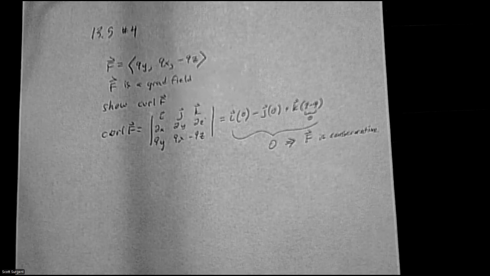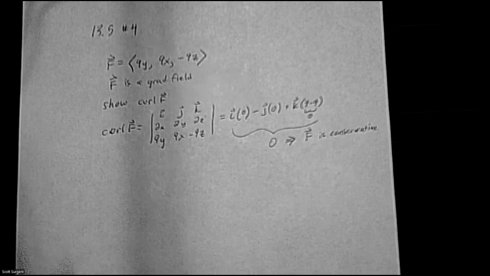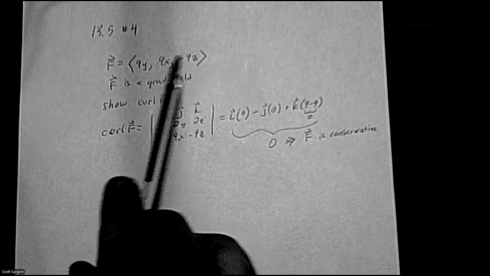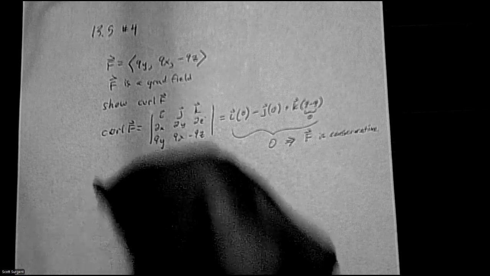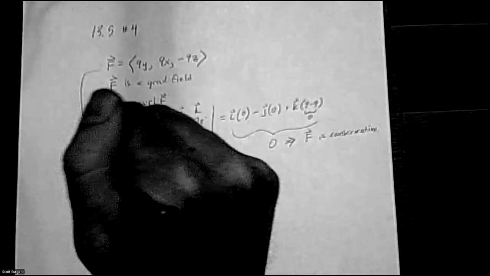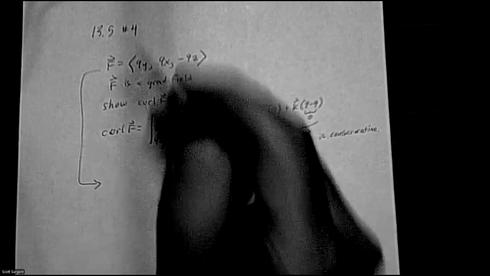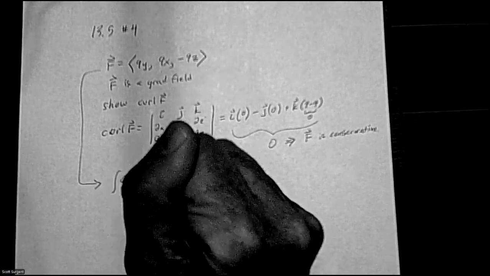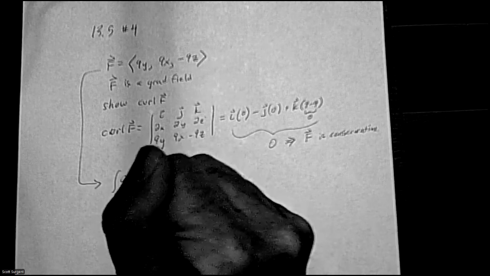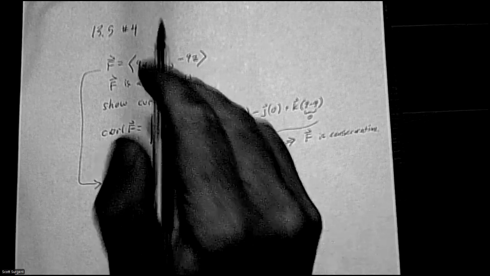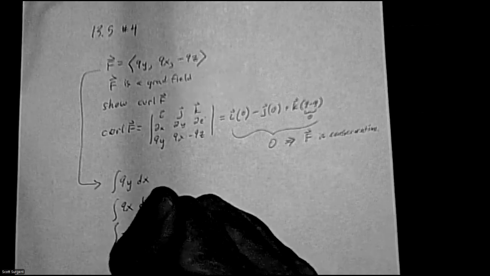So what we need to do is figure out a function that generates this as its gradient. The way I do it is I take the 3 components and I integrate them one at a time with respect to x, y, and z in order.